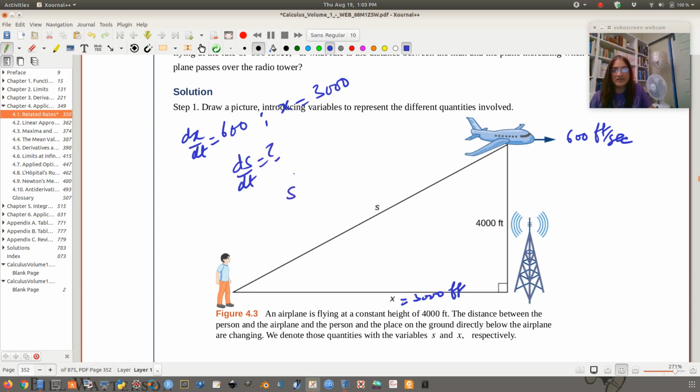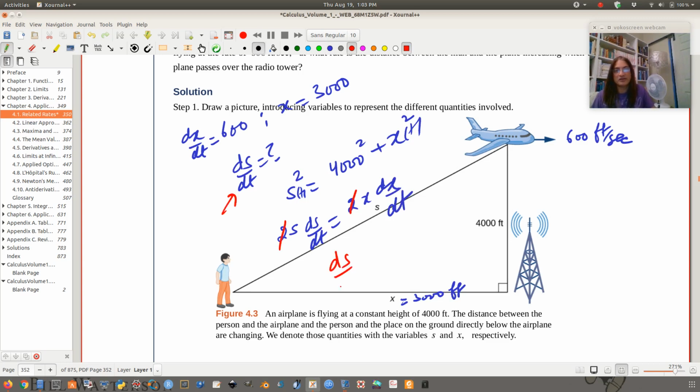We know that s squared equals 4,000 squared plus x squared. Take the derivative of both sides with respect to time. So we get, using the chain rule here, 2s, the derivative of s squared with respect to s, times ds over dt equals, this is just a constant, derivative is 0, and we get 2x dx over dt. 2 and 2 cancel, and we have to find ds over dt.